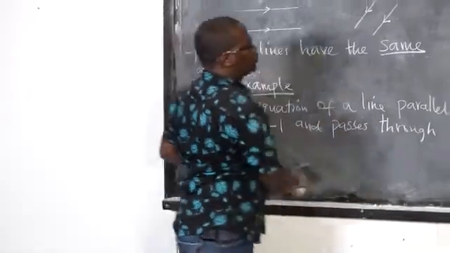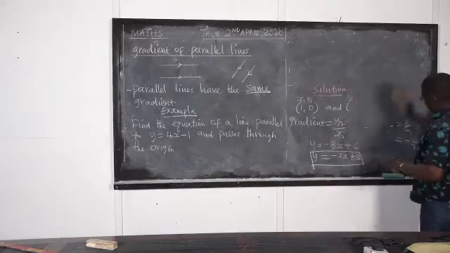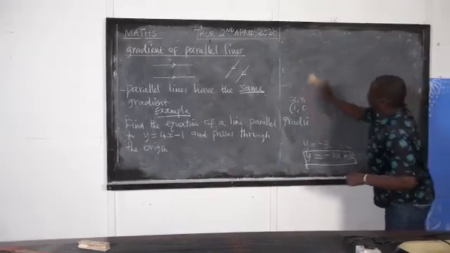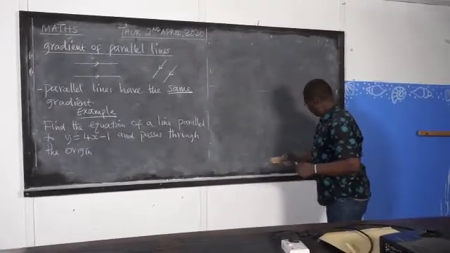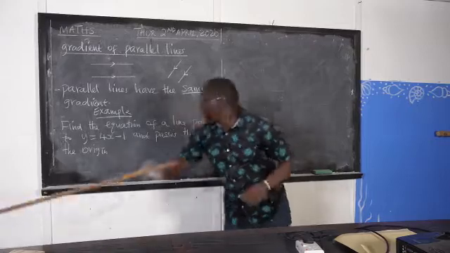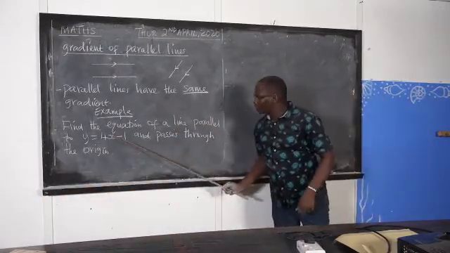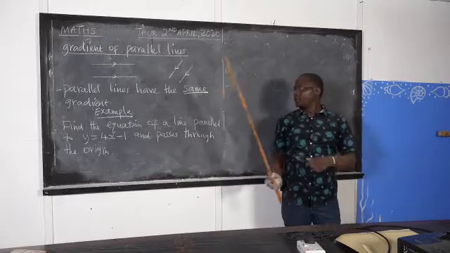So that's the question. The question reads, find the equation of a line parallel to the line y equals 4x minus 1 and passes through the origin.